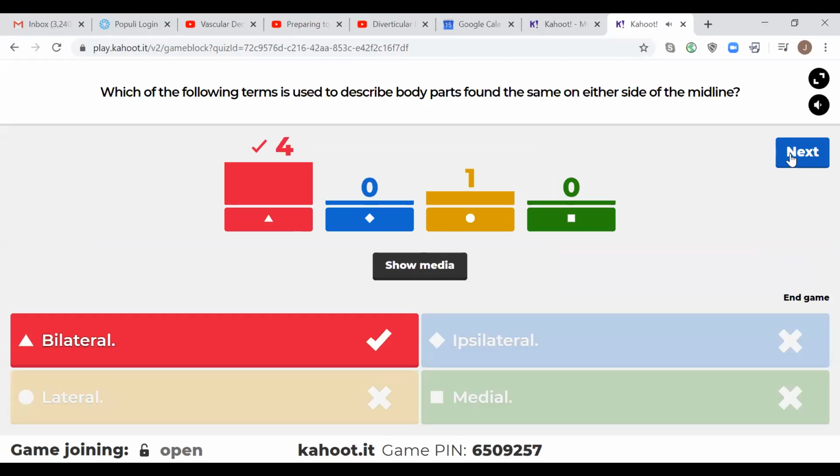Bilateral, that's the correct answer. Bilateral means both sides of the body. So if your patient broke both of their femurs, they have bilateral femur fractures. If it's only on one side, it's called unilateral.